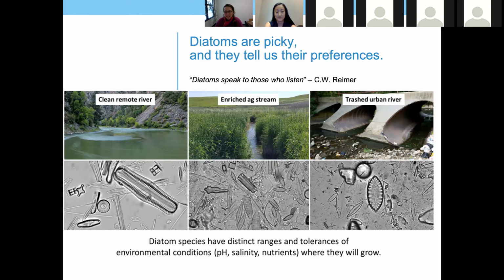One of the greats, Dr. Charles Reimer, said, diatoms speak to those who listen. And we try to listen to them and understand what they're saying about where they live.